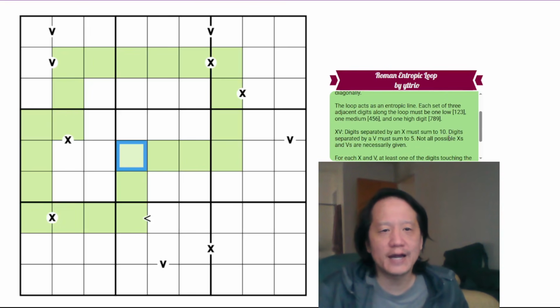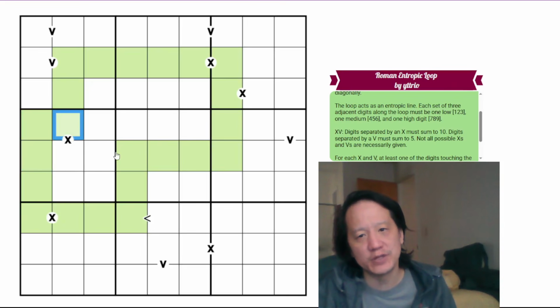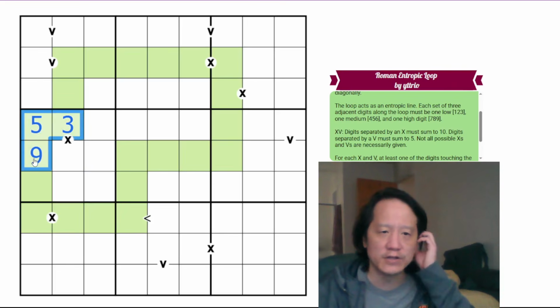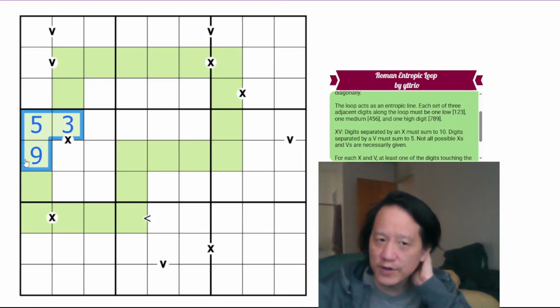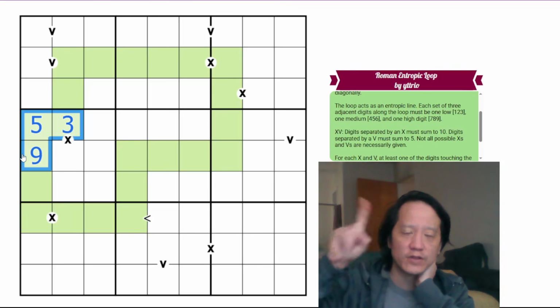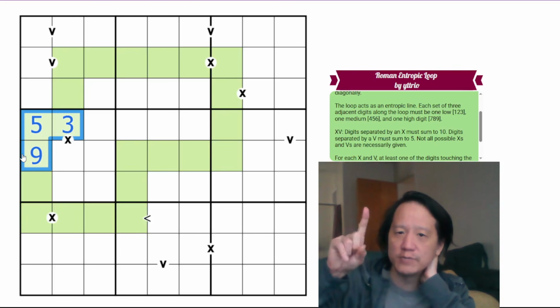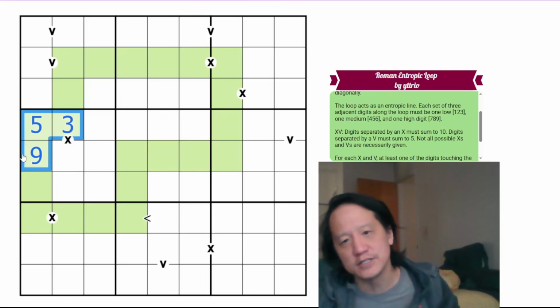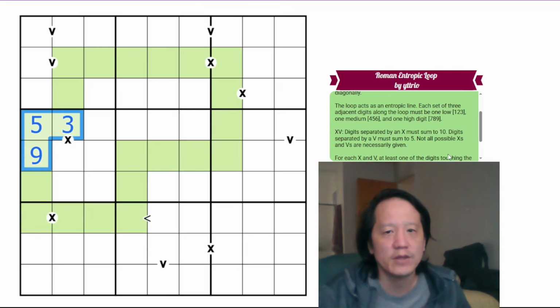The loop acts as an entropic line, where each set of 3 adjacent digits along the loop must be 1 low, 1 medium, and 1 high. So as an example, you could have something like, say, 3, 5, and 9 here, and this would be valid because 3, 5, and 9 are each one of the sets: the low, which is 1, 2, 3, the medium, which is 4, 5, 6, and the high digit, which is 7, 8, or 9.